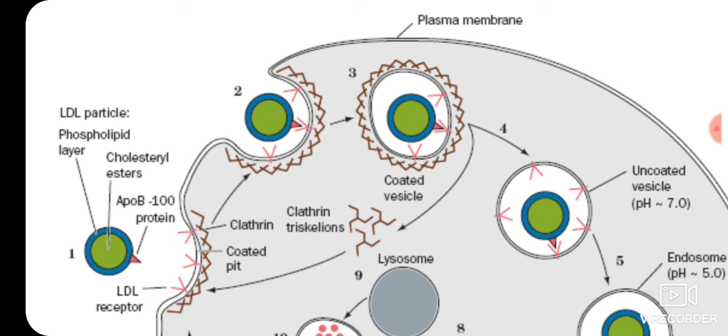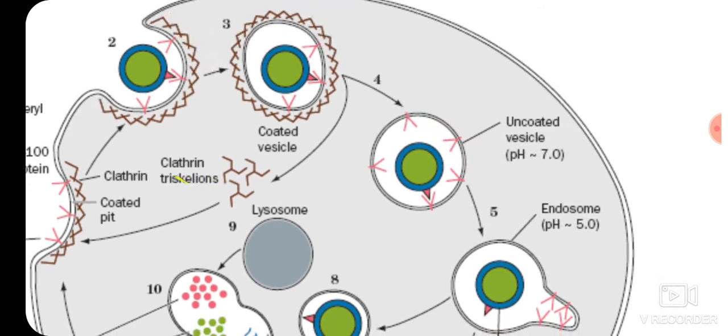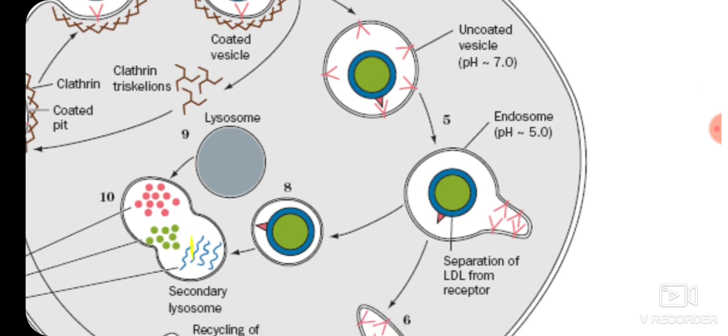The coated vesicle will first get internalized, and then uncoating will take place. That uncoated vesicle undergoes changes wherein the pH is reduced, which releases the LDL from its receptors in the late endosome, where the pH plays an important role.